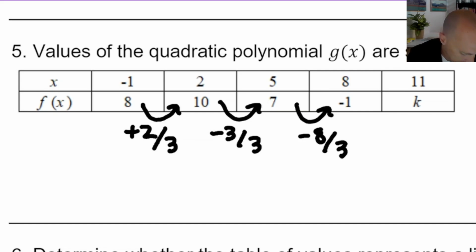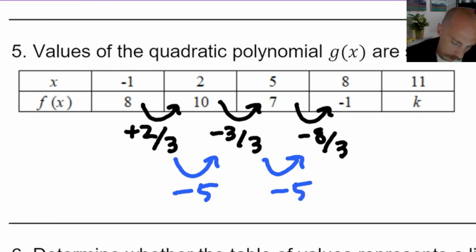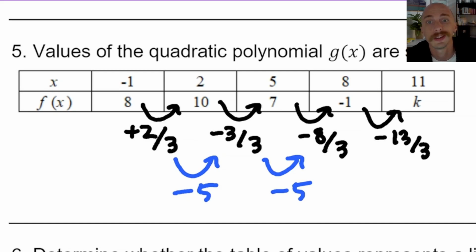So we see that each time we are going down by 5, in the numerator at least. So the next one is going to need to be -13 over 3, because I'm subtracting 5 in the numerator each time. That's the pattern.